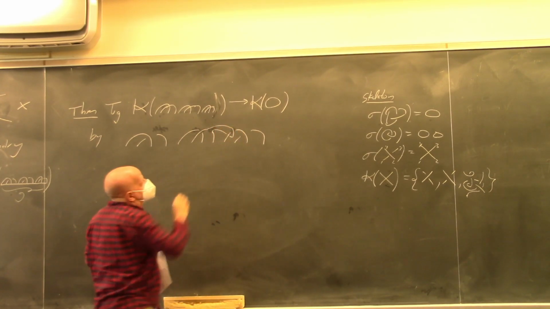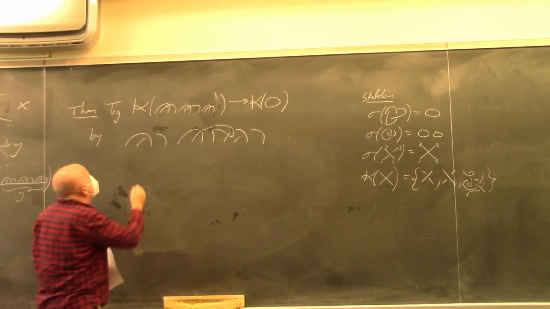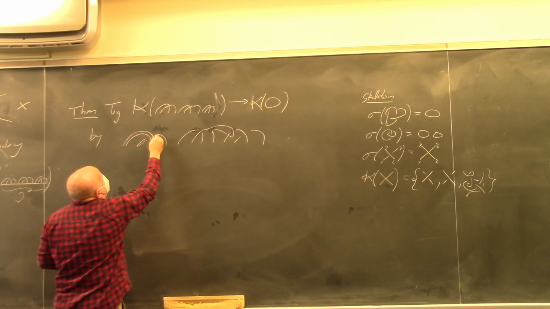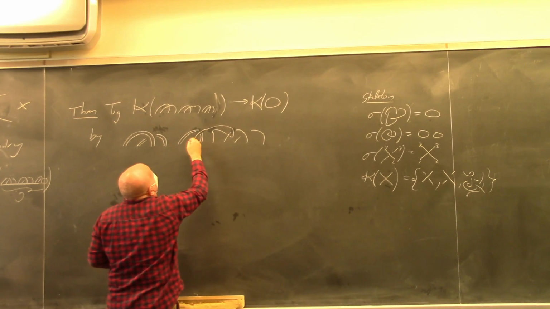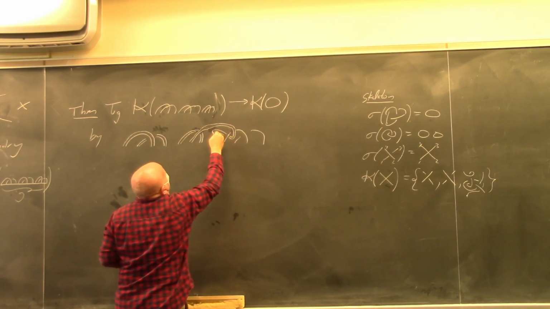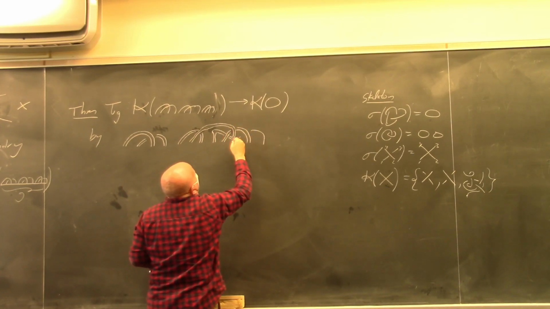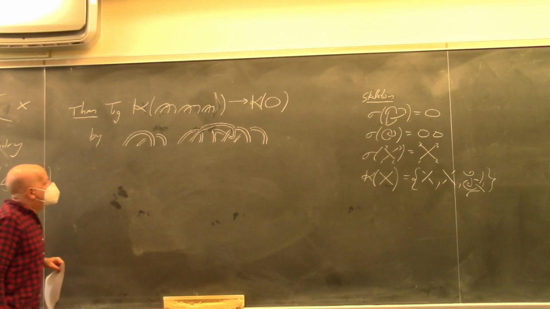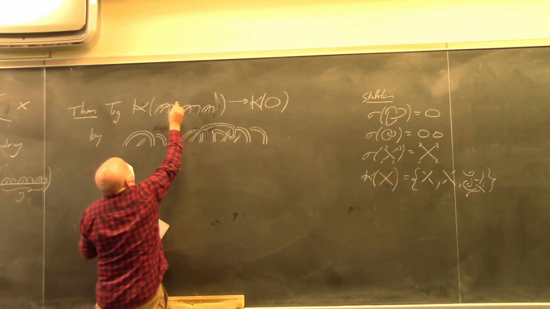Okay, so for any knotting of that skeleton, what you do is you double each of the strands, and then, strictly speaking, by the way, I should have specified orientations.